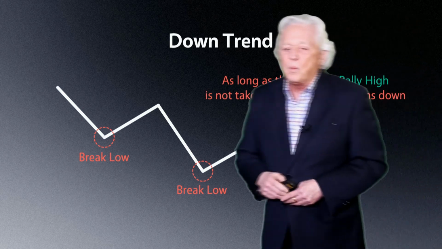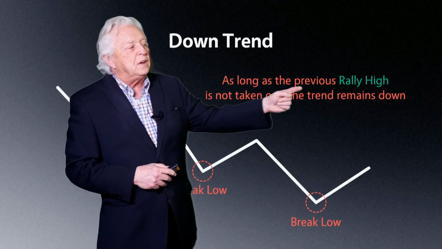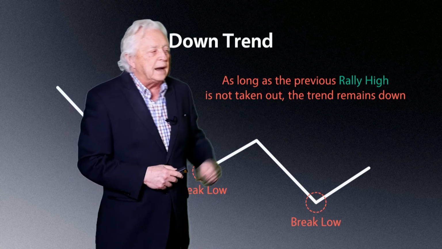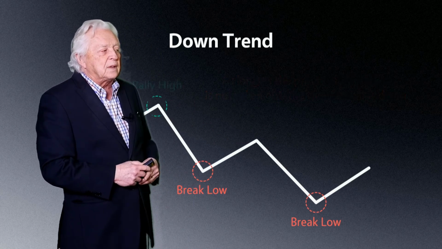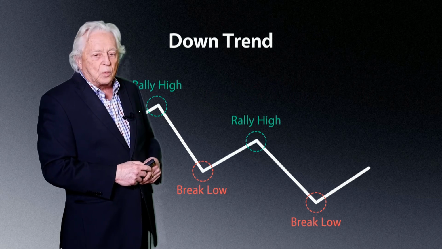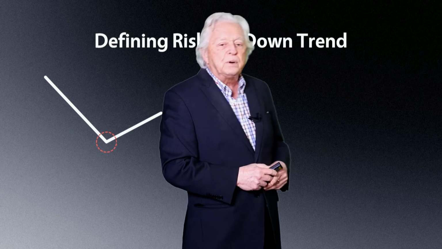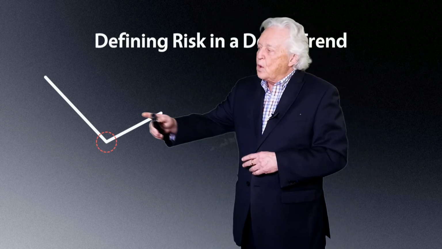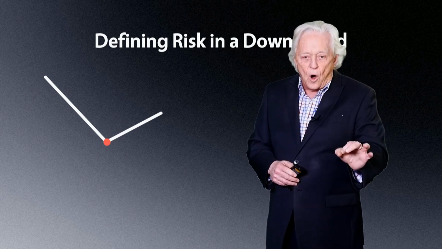And the key here, and I'll walk over this way so you can see it. As long as the previous rally high is not taken out, the trend remains down. So you didn't want to take out that high. And there's your rally highs. Now, how do we define risk in it? Pretty simple. It's the same thing. We had our break, a bounce away from it. So there's our low point.